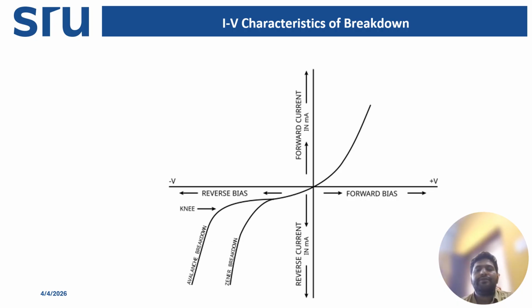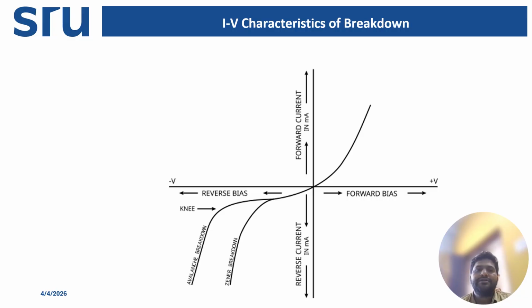The curve becomes almost vertical. A small increase in voltage causes a larger increase in current. We can see that in the IV characteristics. This marks the beginning of the breakdown region.